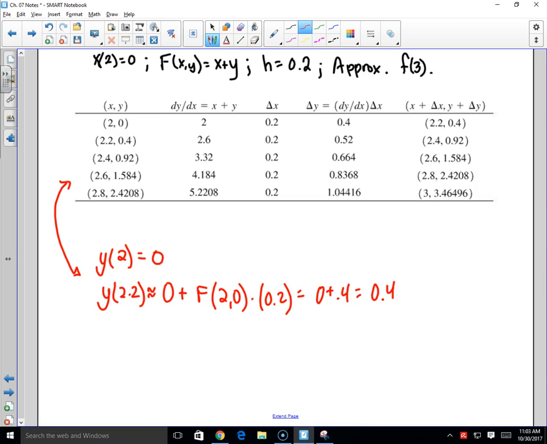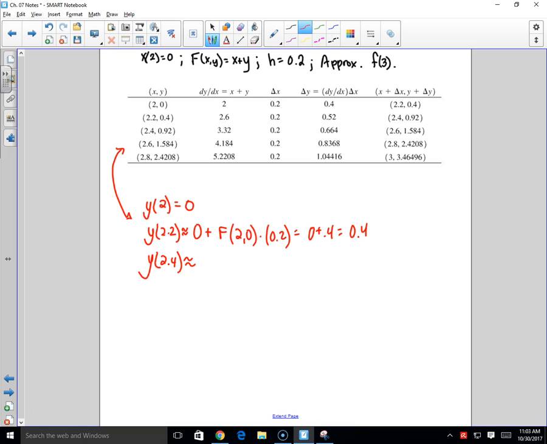I'm using basically a rearrangement of a tangent line, realizing that Euler's method is ultimately an accumulation of tangent lines. Maybe not accumulation, but adjoining tangent lines. Let's just do one more and make sure we got it. How would I have found 2.4? Just gotta plug it in. Take the previous point.